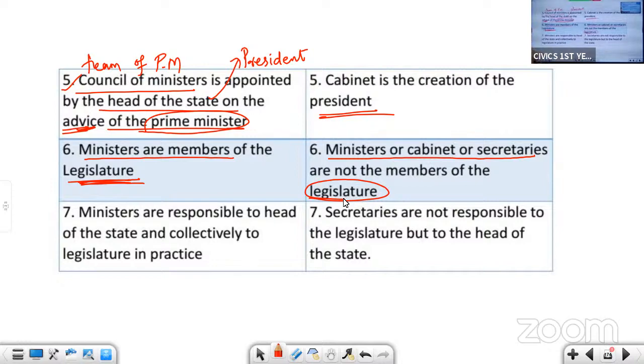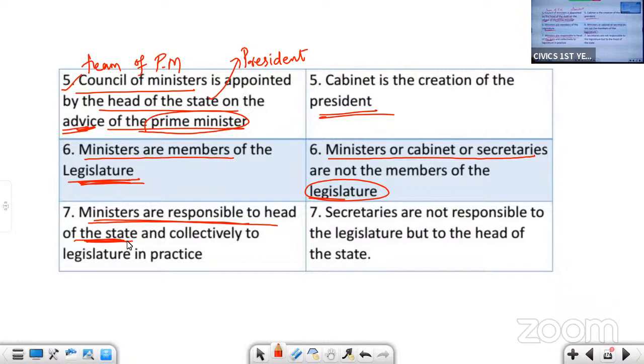Then next, ministers are responsible to the head of the state. We'll divide this point into half. The first part is the ministers, the team of prime ministers, are responsible to the head of the state. Head of the state is president. So president can question them.